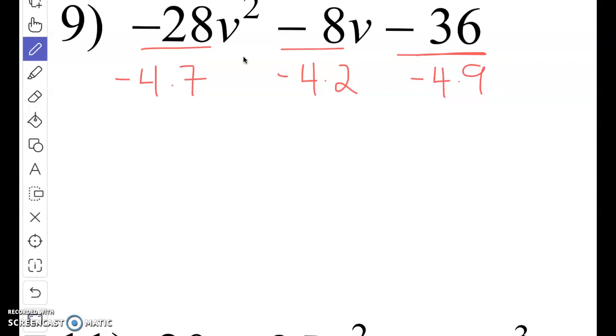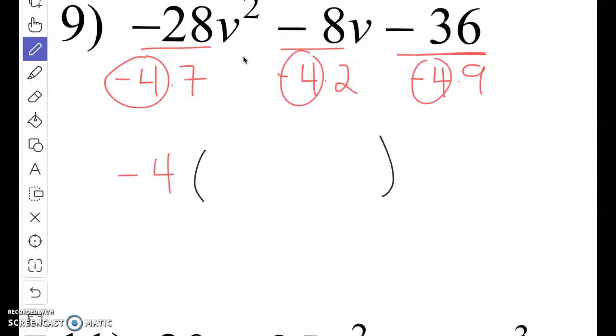So I'm going to put my parentheses down. The greatest common factor goes out front. Here it's got to be -4. They don't all have the letter V in it, so I can't pull a V out.